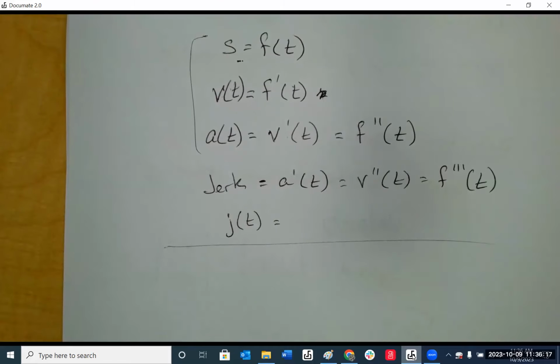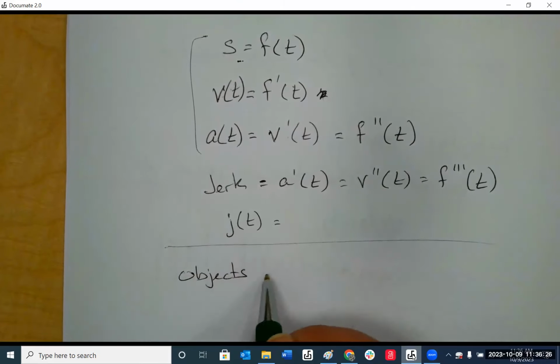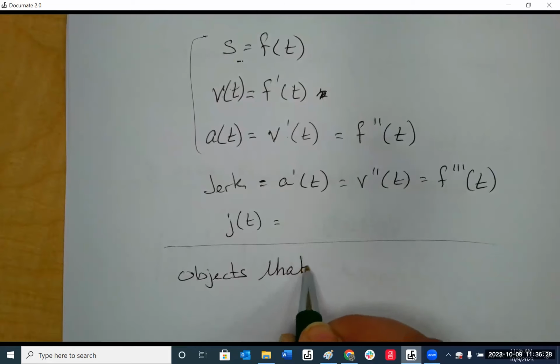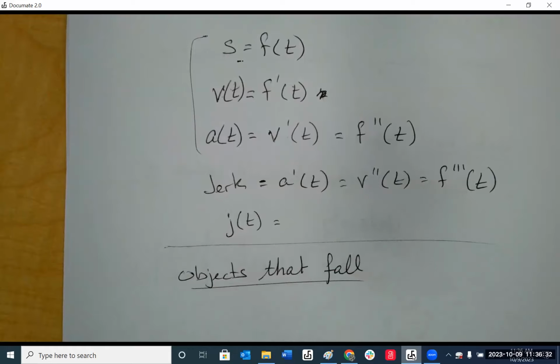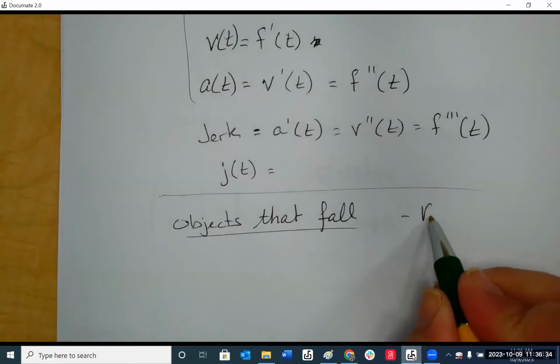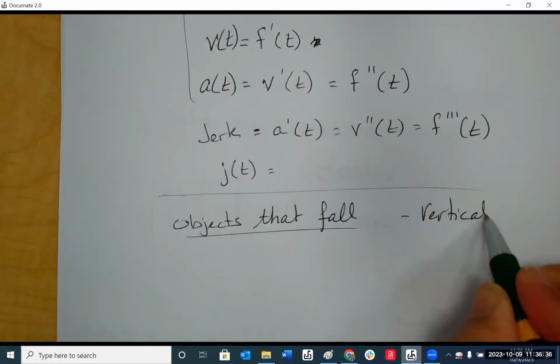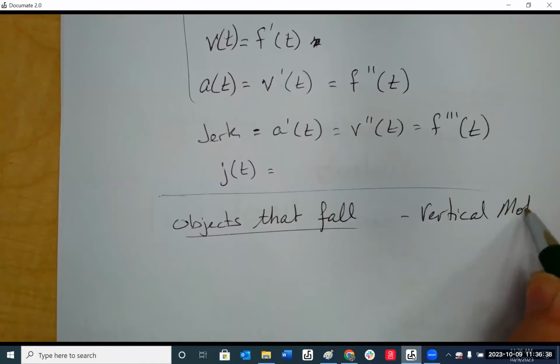What do we know about an object moving vertically? Objects that fall. This is vertical motion.